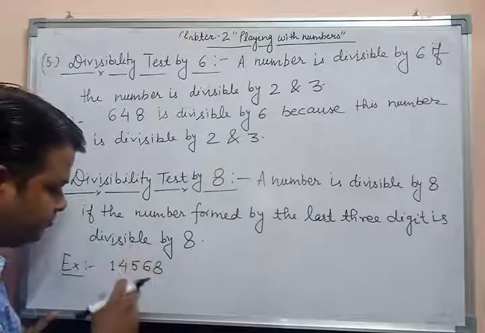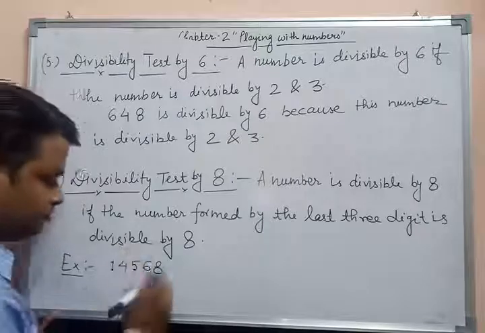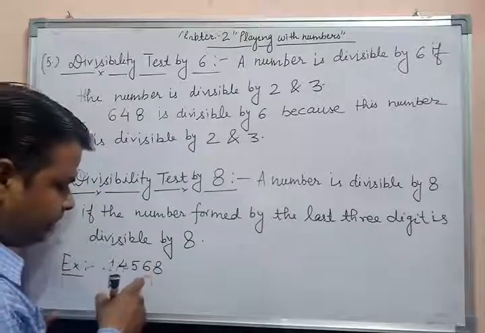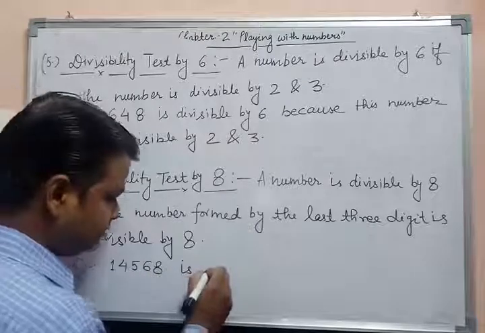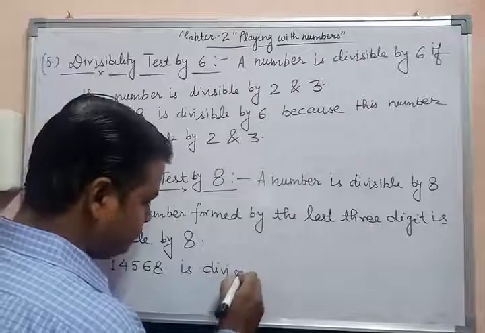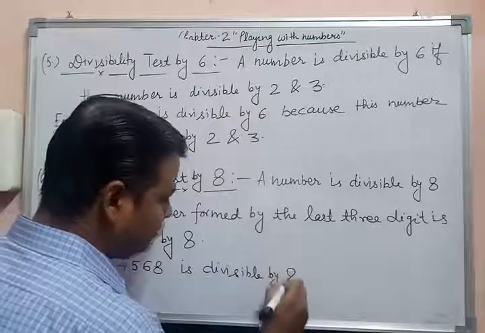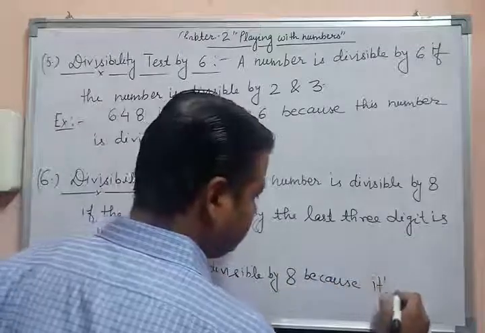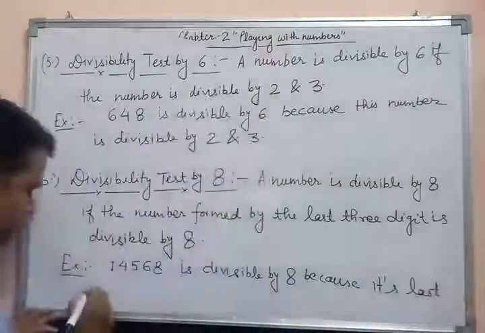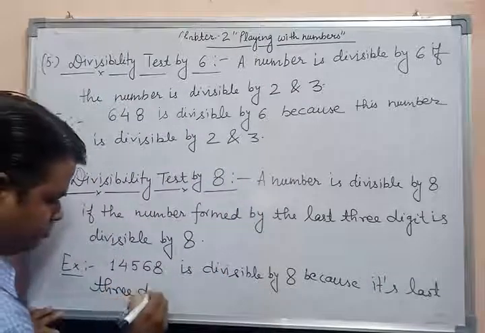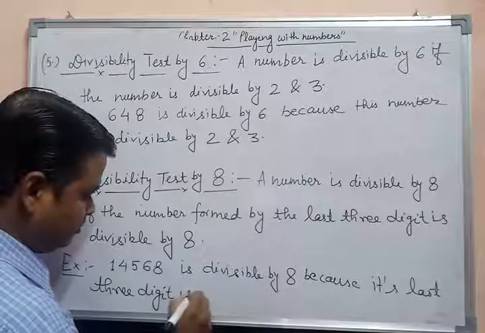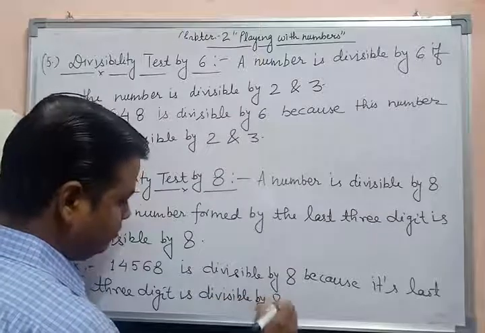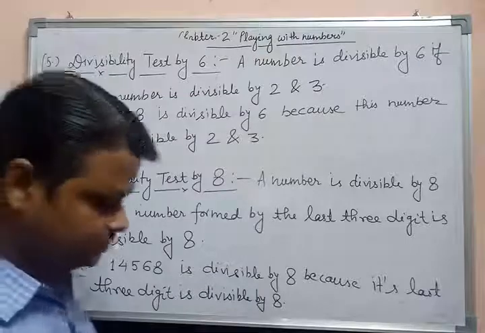So we can say that the whole number will be divisible by 8. So we can write here: 14568 is divisible by 8 because its last 3 digits are divisible by 8. So this is the rule for divisibility test by 8.